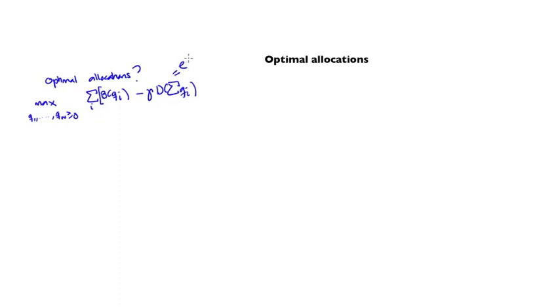Remember, this is the externality, minus the cost of producing this level of Q_i, because that has to be discounted out of what they get to consume on M.